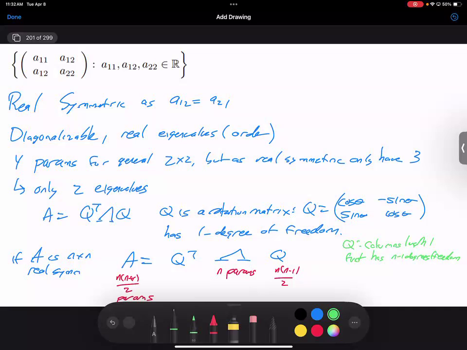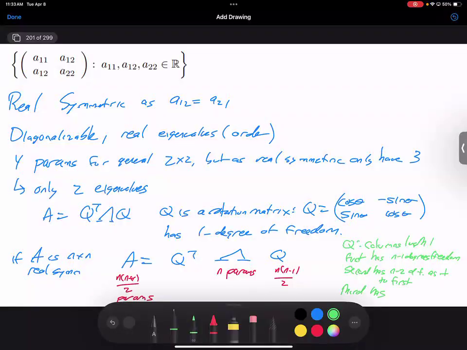What's true about the columns of an orthogonal matrix? If you take the dot product of a column with itself, you get 1. What happens if you take the dot product of a column with a different column? 0. You have another relationship. So the second has n minus 2 degrees of freedom, as it is perpendicular to the first.